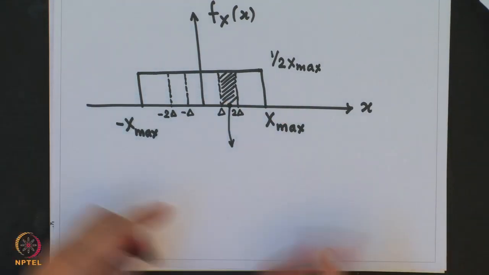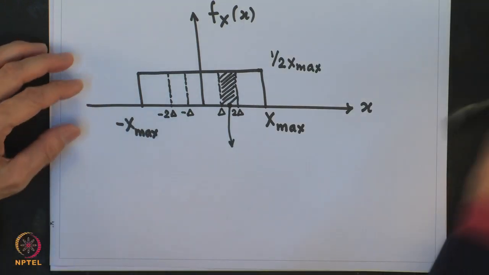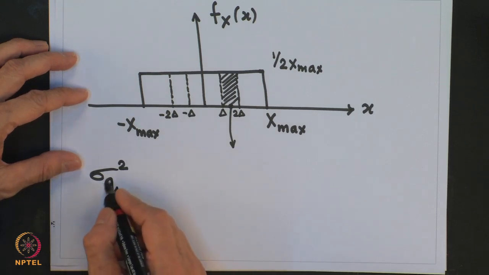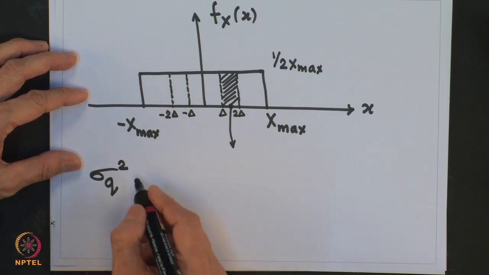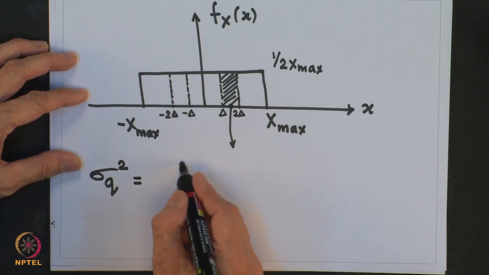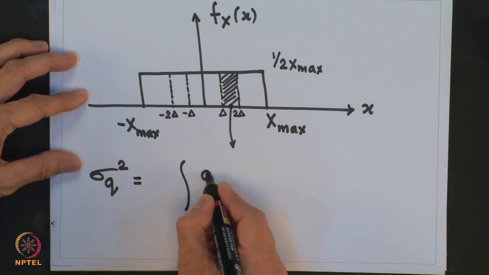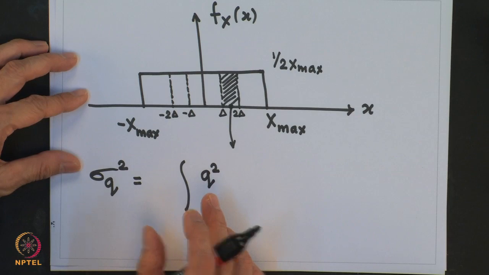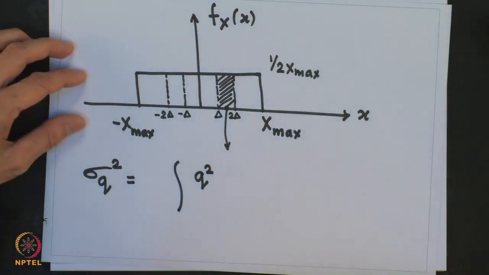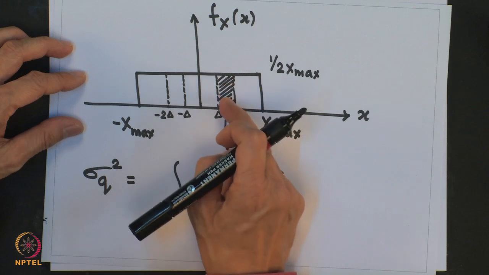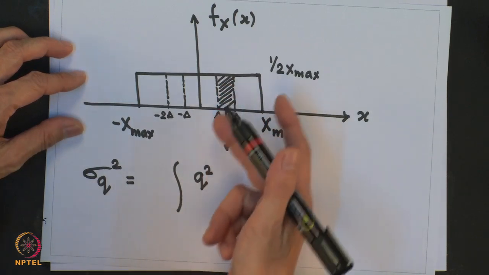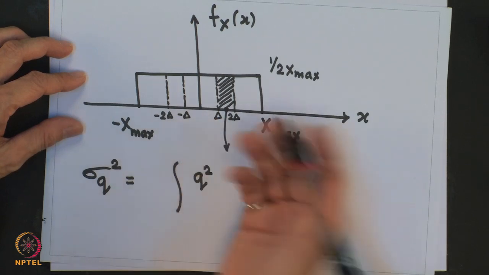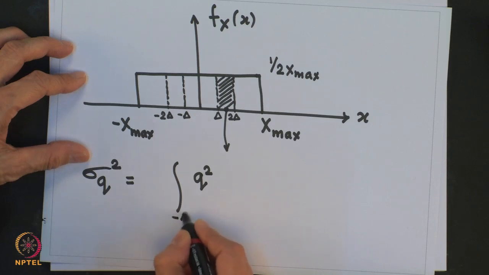So, in that case I can write my mean square quantization noise as, where Q denotes the quantization error in a particular interval. For calculation I can even consider minus delta by 2 to plus delta by 2, it is not going to make a difference.